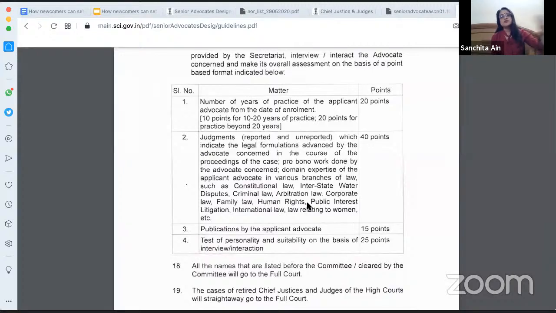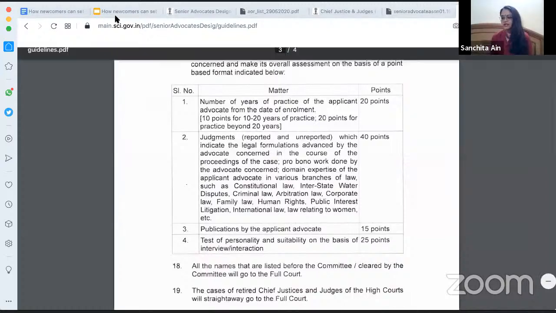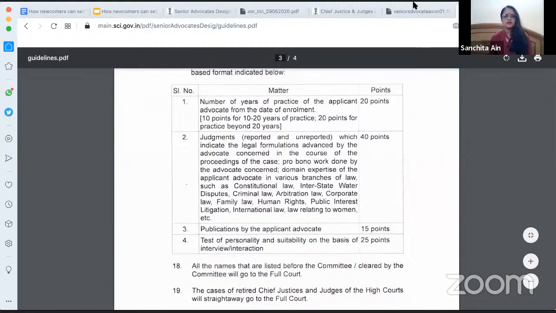And therefore, Justice Lalit, even though he was a newer entrant, was also building up a practice as an arguing counsel, which would have helped. Look at this, the subjects are pretty interesting. It's not just constitutional law, there's arbitration, there's corporate law, there's human rights, there's family law, public interest litigation, international law, law relating to women, specific topics. So very helpful. Yeah, Justice Nariman, Justice Indu Malhotra used to do a lot of arbitration cases.